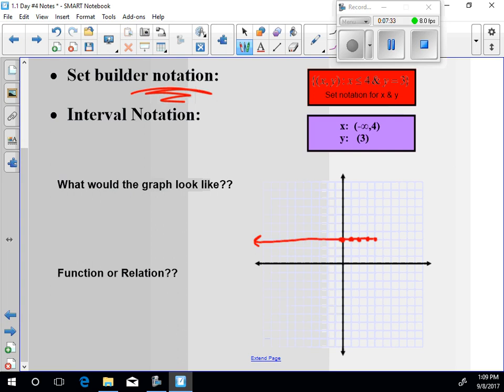Is that a function? How do I know it's a function? Because it passes the vertical line test. Good. Any vertical line that I sketch only crosses the graph once. Before, when I said 3 could map to 17 or 17/3, that would require there to be one point directly above another, a vertical line test failure. So this does pass the vertical line test, and therefore is a function. Is it a relation?